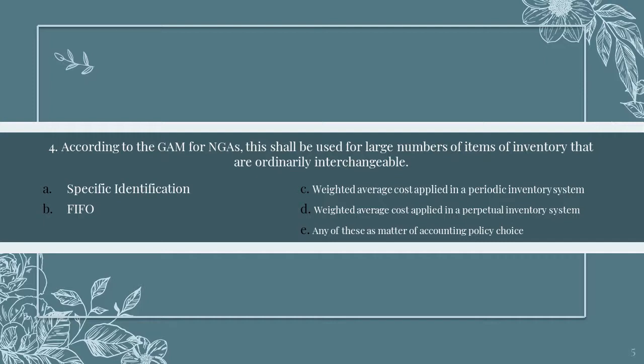So the answer is obviously letter D, because we all know that letter B and letter C are not applicable for government entities, and so the answer would be either A or D. However, the answer is D because this is about a large number of items of inventory that are ordinarily interchangeable.